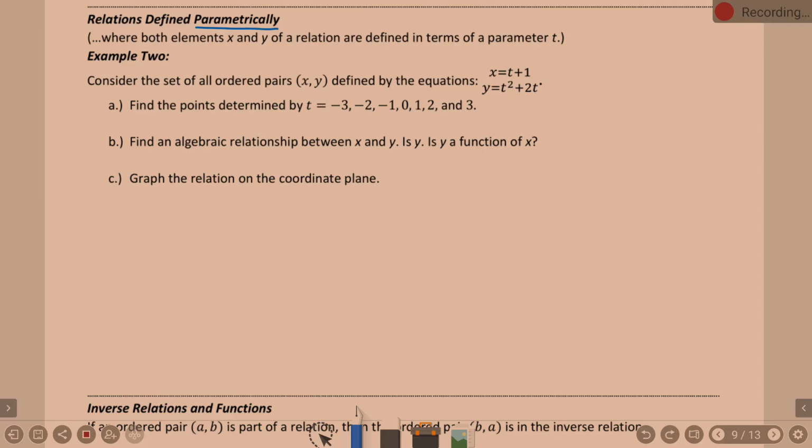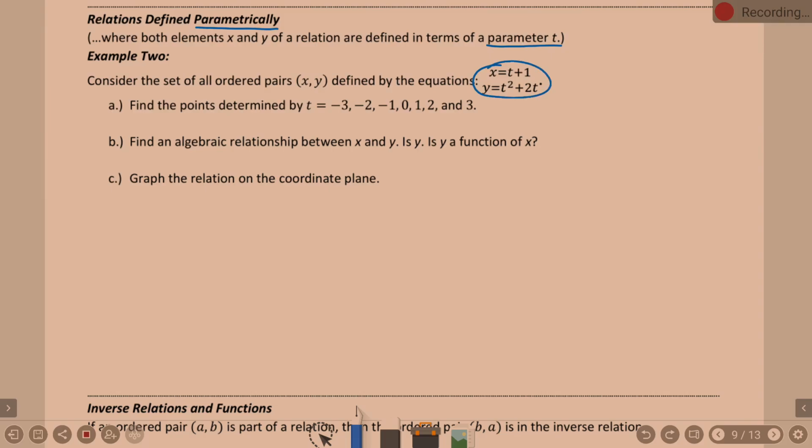So basically, it kind of looks like it's bringing a third variable into it, but we're not going into a 3-dimension thing. Okay, we're still in 2 dimensions, but they are defined in terms of a parameter t. So if you look at the example we're getting ready to talk about here, x equals t plus 1 and y equals t squared plus 2t. This is a parametric equation.